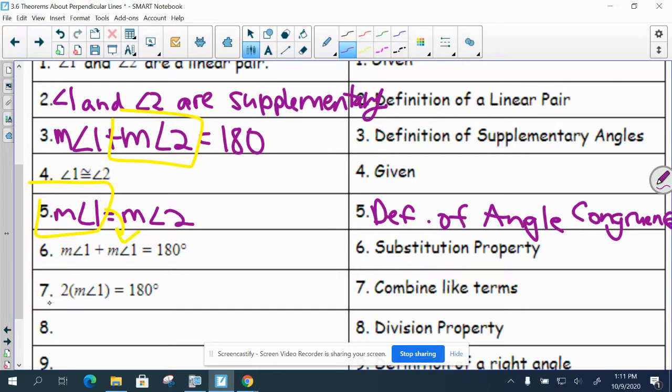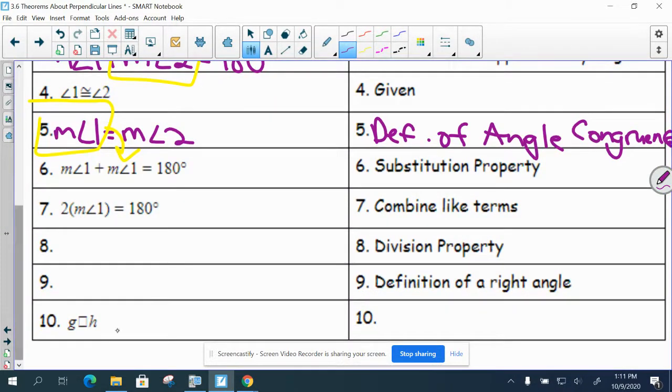And then you combine like terms, so say 2 times the measure of angle 1. Division property, so we're going to divide by 2 on both sides. Sorry about this. To say that the measure of angle 1 equals 90. And definition of a right angle, so if the measure of angle 1 is 90, then angle 1 is a right angle.